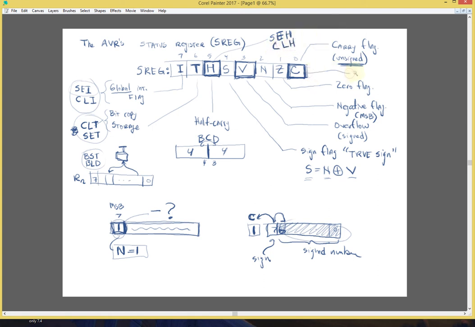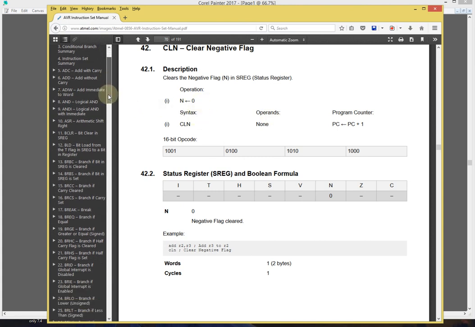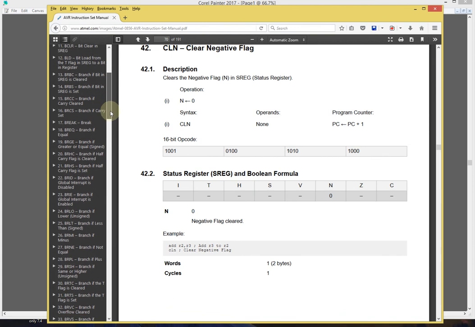I think there's probably a CLC and an SEC instruction to clear the carry and set the carry, etc. I cannot stop recommending enough that you look at the instruction set. There are so many instructions that allow you to control and manipulate the status register.